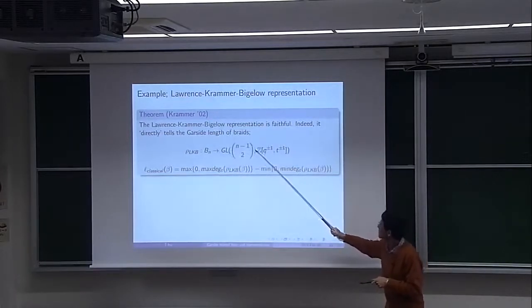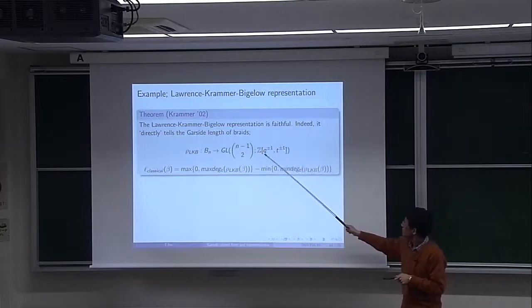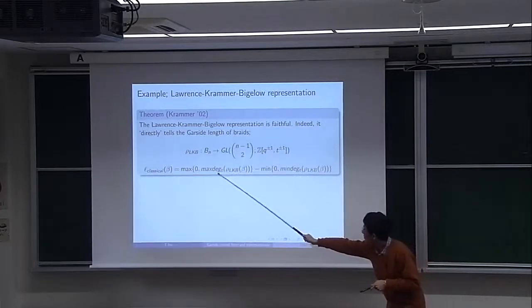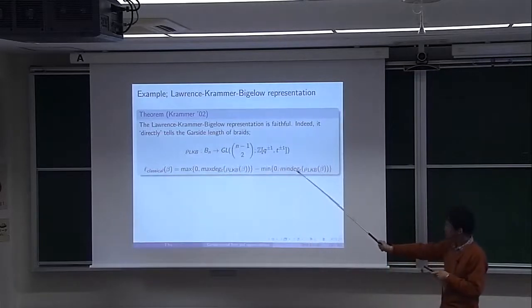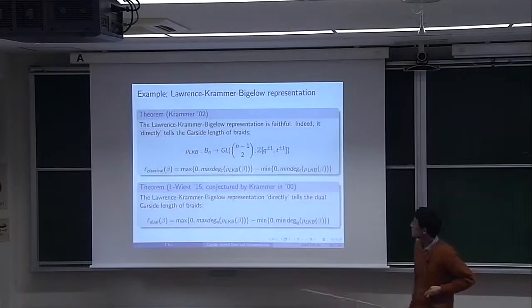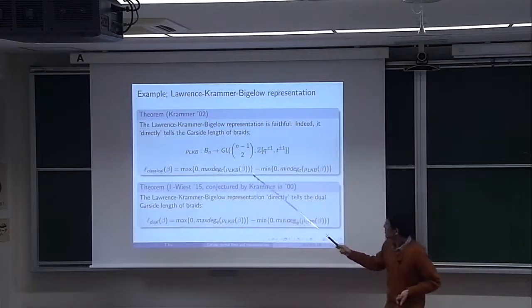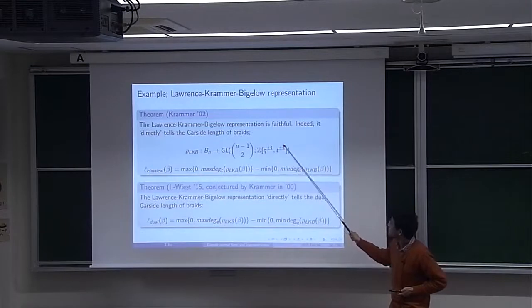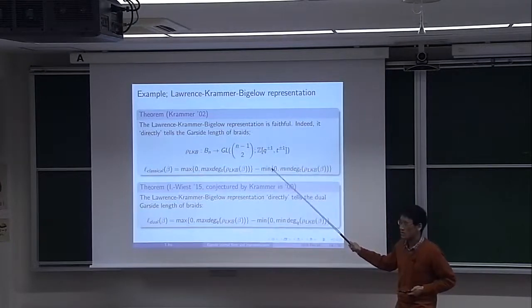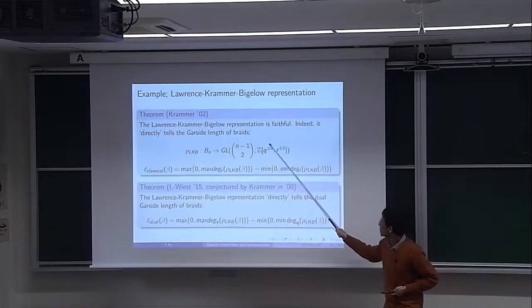Here, the representation has two variables t and q, and we look at the maximal degree of t and the minimal degree of t. So it says that the variable t is related to the usual Garside length. So what is the variable q?